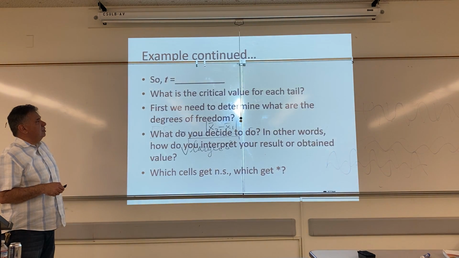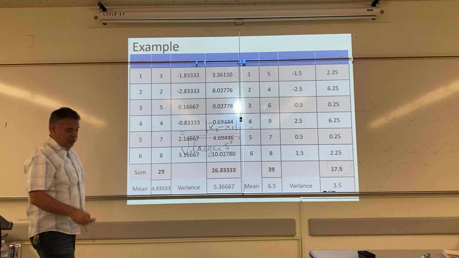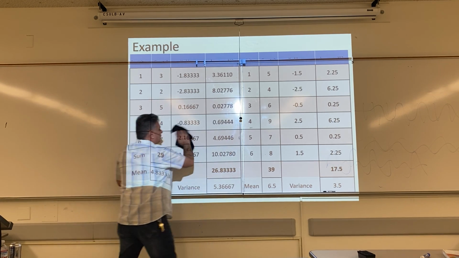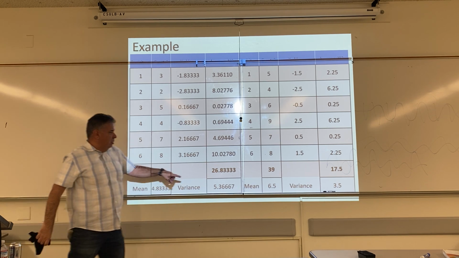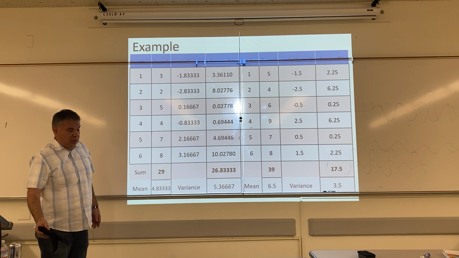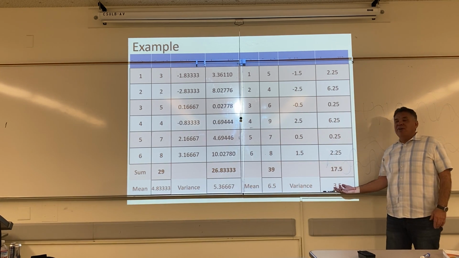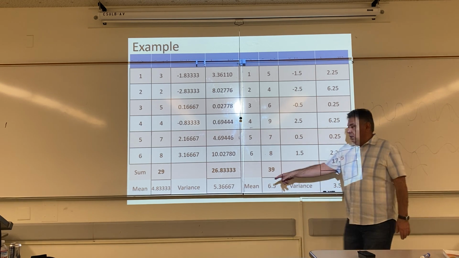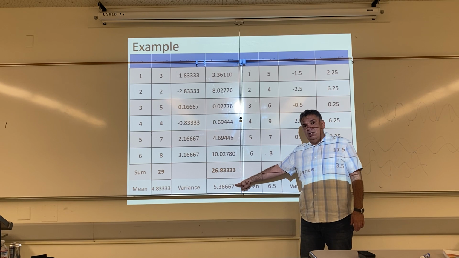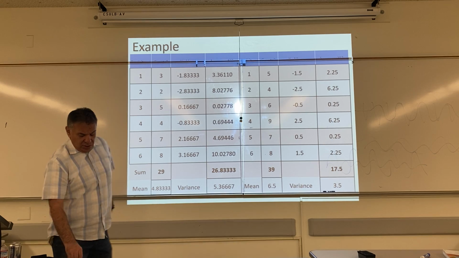What was the variance? The variance for the first group is 5.3667, and the variance for the second group is 3.5. Which one is larger? This one. We're going to be taking the square root of this number when we solve for the effect size. What is the answer going to tell us?